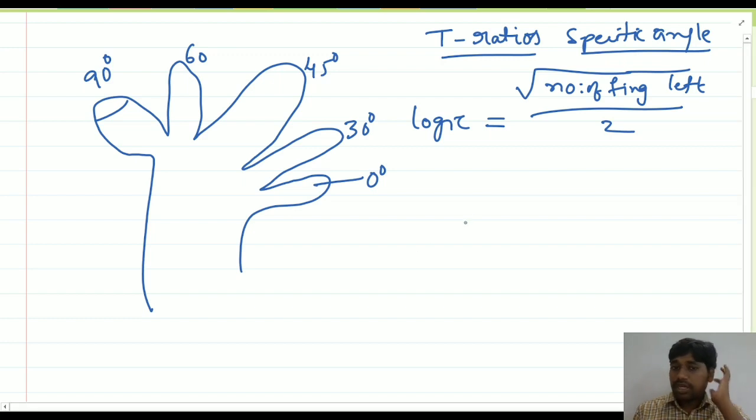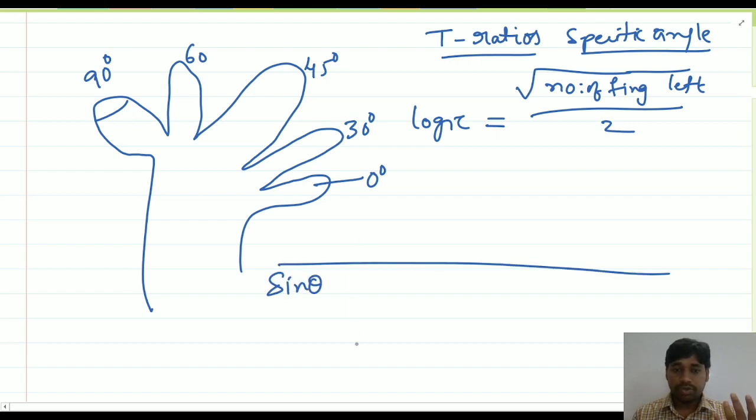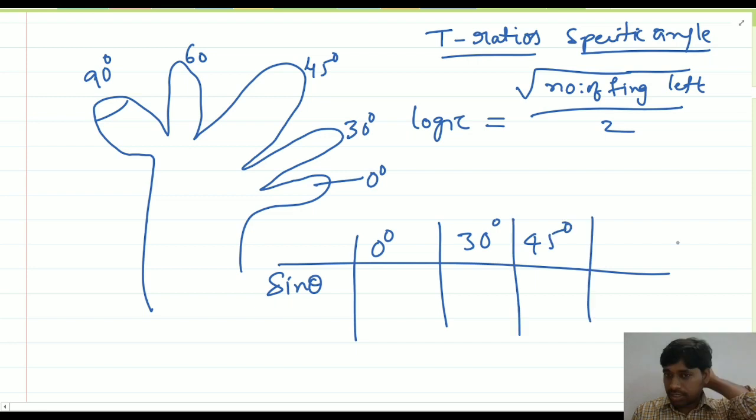Then, for the logic here, I am writing the quantities for sine theta: sine 0 degrees, sine 30 degrees, sine 45 degrees, then sine 60 degrees, then sine 90 degrees.